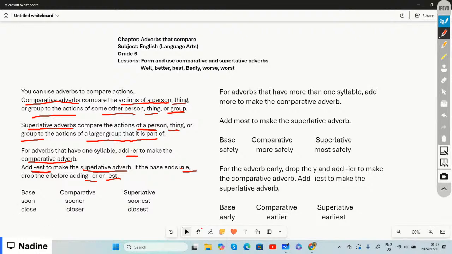So if our adverb is soon, the question is when are you going to go wherever or do whatever? Then we say soon.